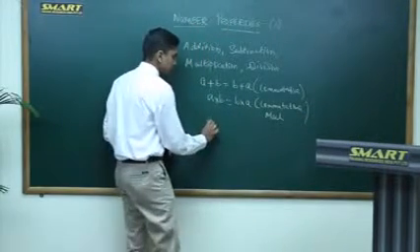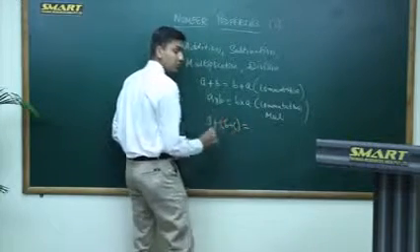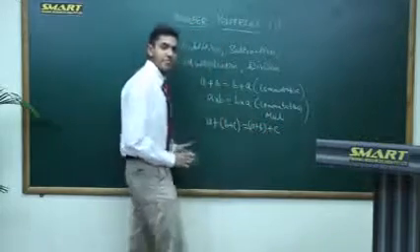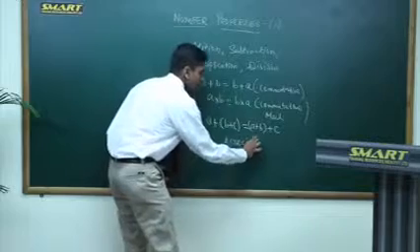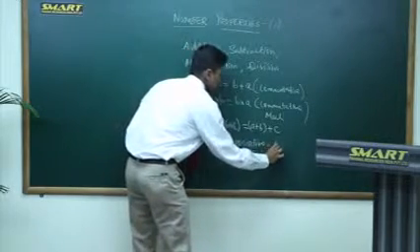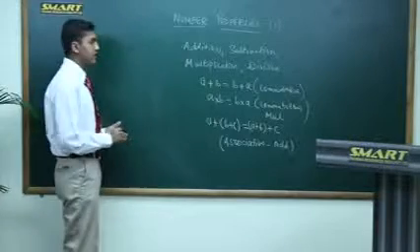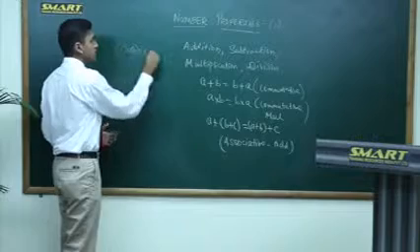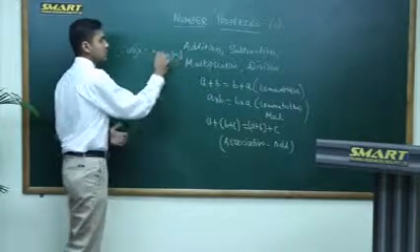The third one is a plus b plus c is equal to a plus b plus c, grouped differently. And this law is called the associative law of addition. And the fourth law is a into b into c will be equal to a into b into c, grouped differently.